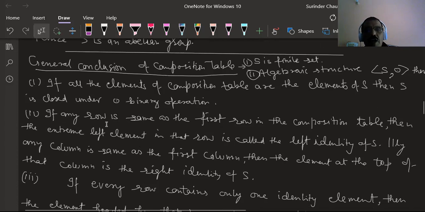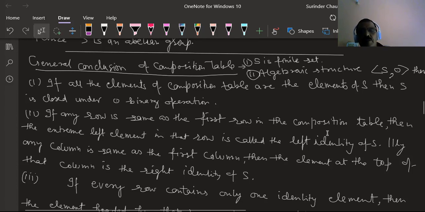Second, if any row is the same as the first row in the composition table, then the extreme left element in that row is called the left identity element of S. Similarly, if the elements of any column are the same as the elements of the first column, then the element at the top of that column is called the right identity element of that set.